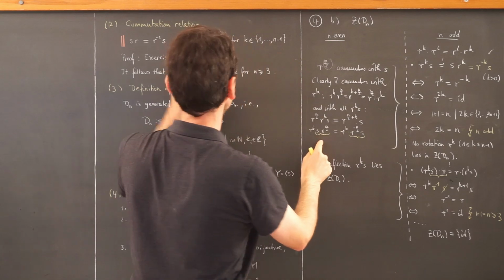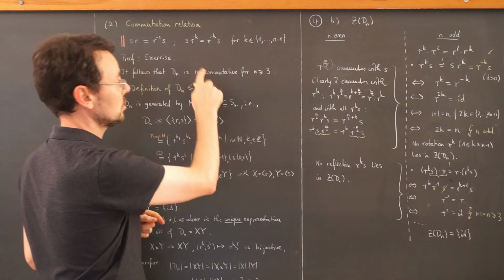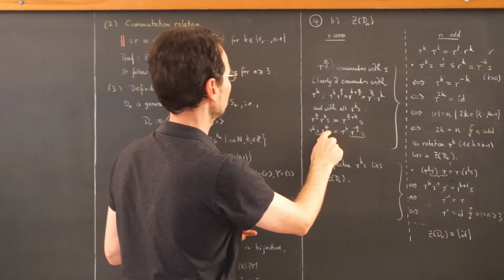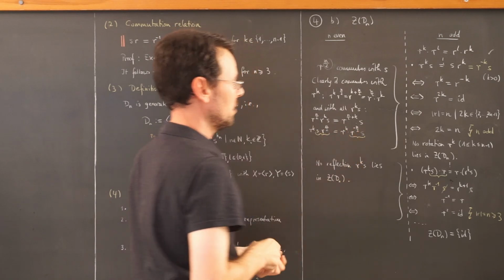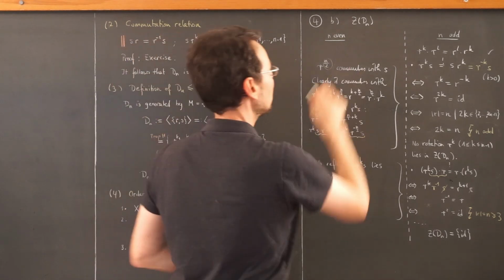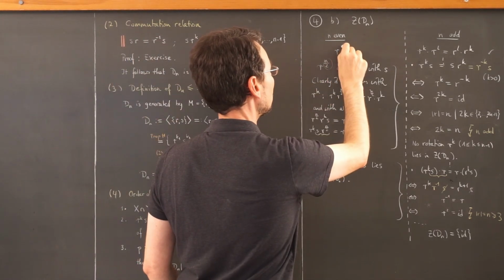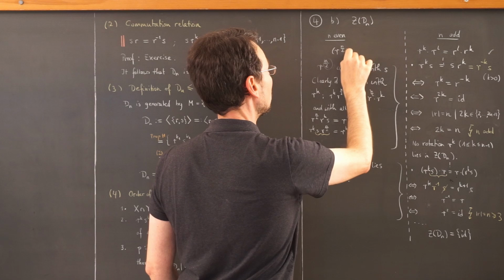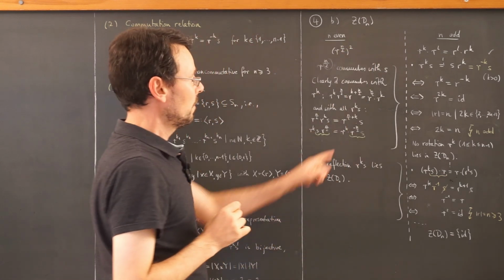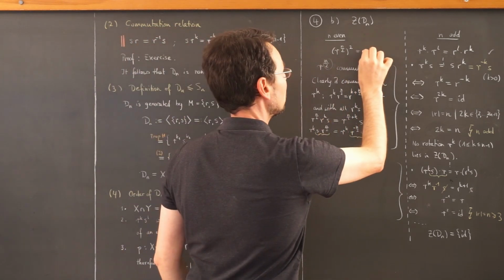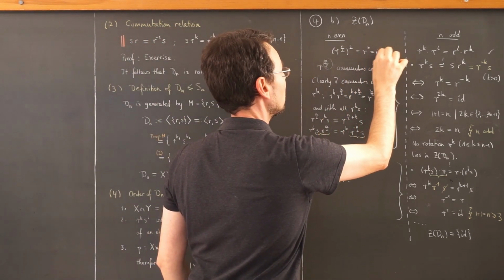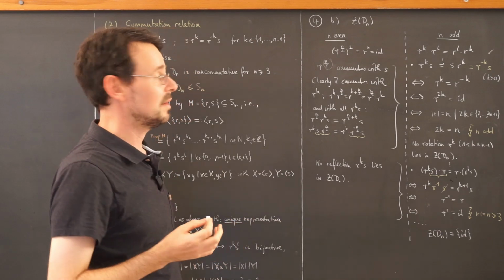Then here, using this commutation relation for k equals n over 2, I can switch the order here if I put a minus sign there, but r to the n over 2 is its own inverse, because if I square it, I get the identity.